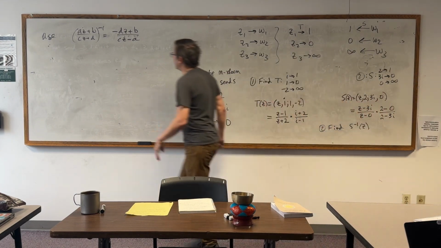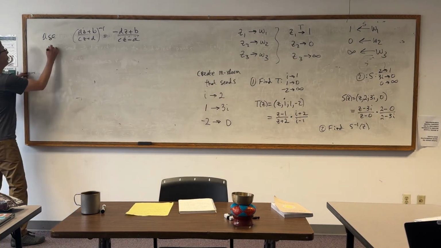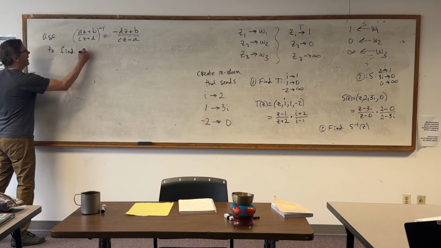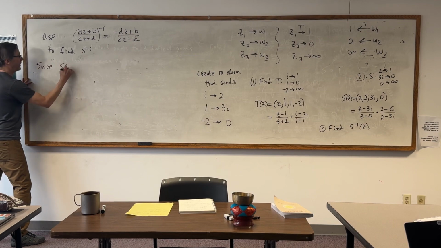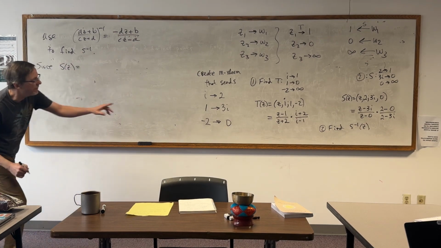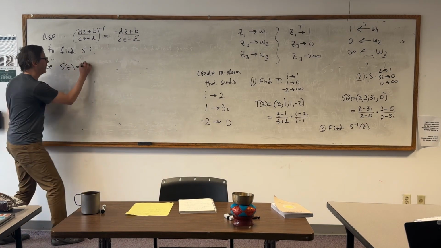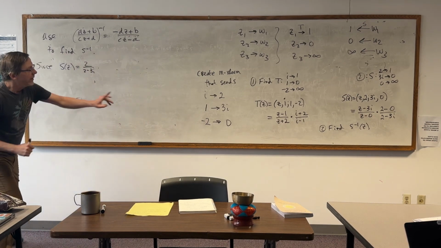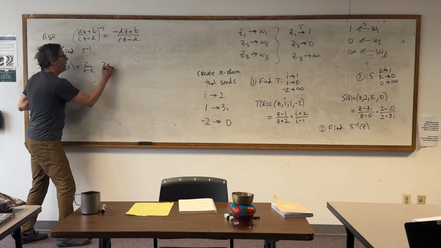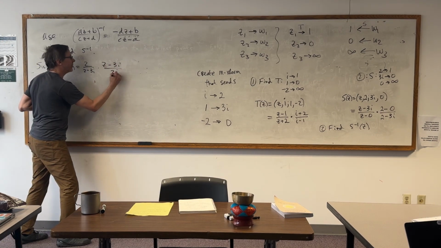So let's rewrite them out to find S inverse. Since S of Z equals, let's just write them out. I'm going to pull that constant out front. I got 2 over 2 minus twice i, and then times z minus 3i over just good old z.